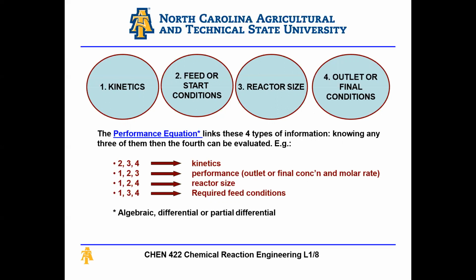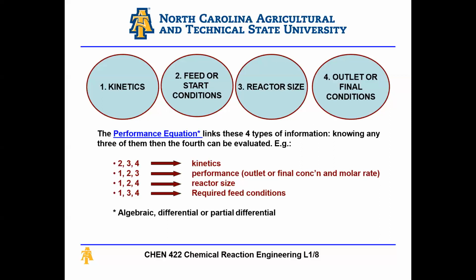What does the reactor look like? And this will affect things such as your contact time with the catalyst, how much heat transfer is happening, how much mass transfer is happening, all of this stuff. And then finally, your outlet or final conditions, which is if I put it through this reactor under these conditions, what will my product look like?